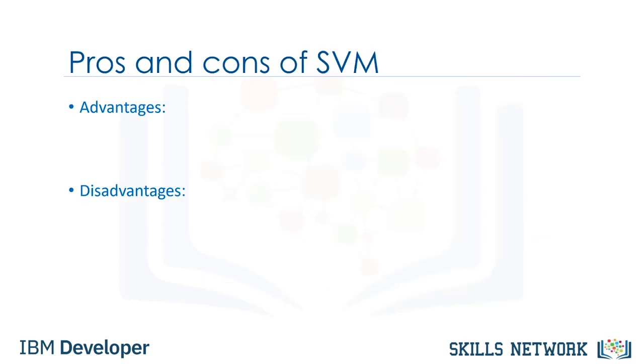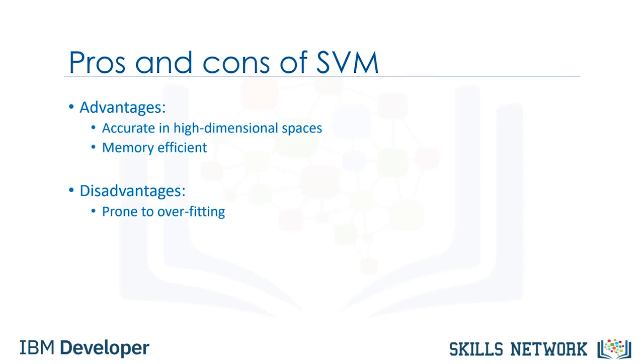The two main advantages of support vector machines are that they're accurate in high-dimensional spaces, and they use a subset of training points in the decision function, called support vectors, so it's also memory efficient. The disadvantages of support vector machines include the fact that the algorithm is prone for overfitting if the number of features is much greater than the number of samples.